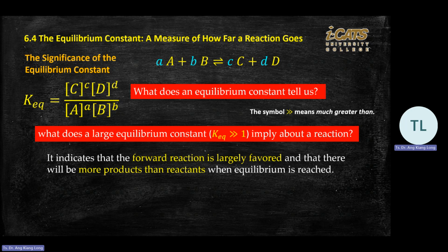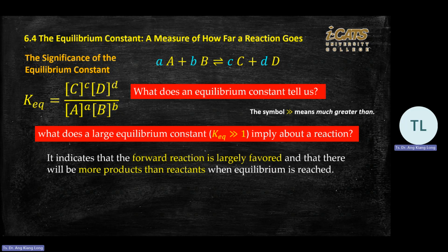There will be more product than reactant when equilibrium is reached. So if you get a number more than 1, you tell me what does more than 1 mean. Even though you see the double arrow there, it means it moves from left to right. So something must happen.